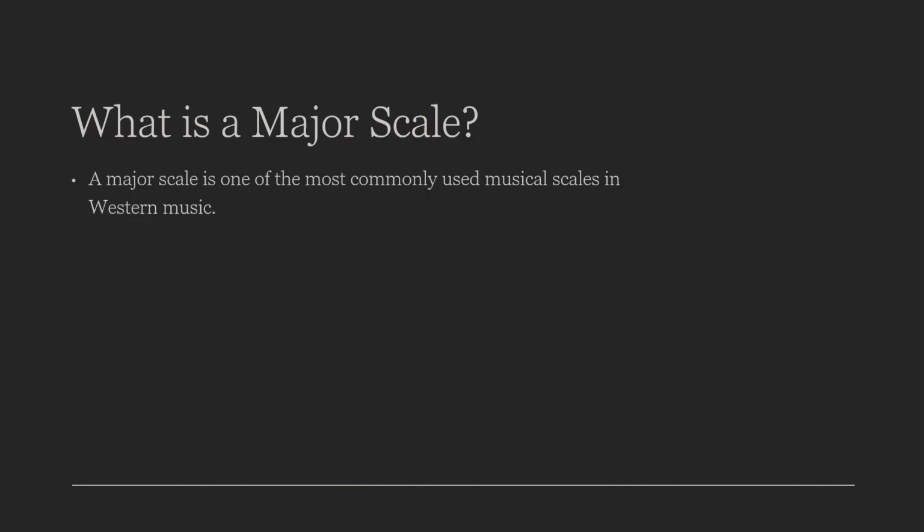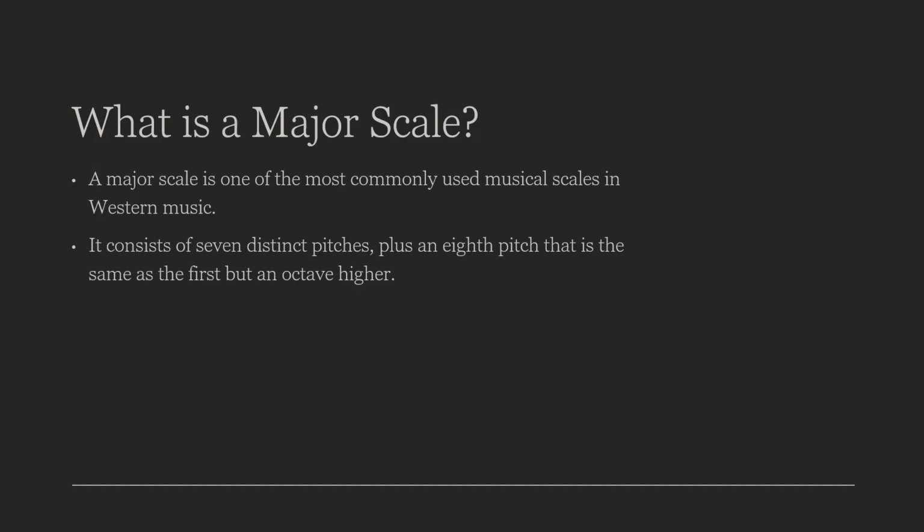Like all Western music, we use major scales basically, though we still do minor as well, but it is very, very common in music. Now, it consists of 7 distinct pitches. What are these pitches? They are the solfa notations. Do, re, mi, fa, sol, la, ti.